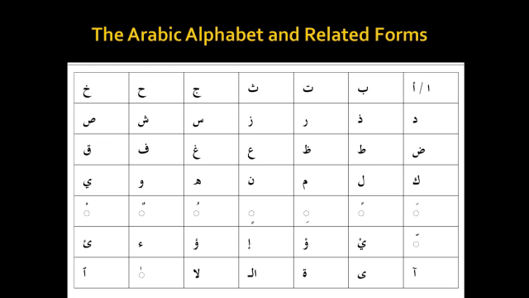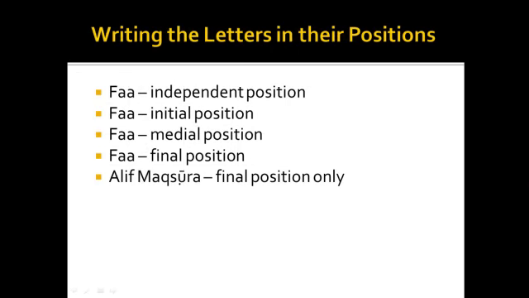So here we have the Arabic alphabet again, and we are discussing the Faa and the Alif Maqsura. Now let's look at the different positions of the Faa and the Alif Maqsura in our four positions. And remember, there are four positions for each Arabic letter.